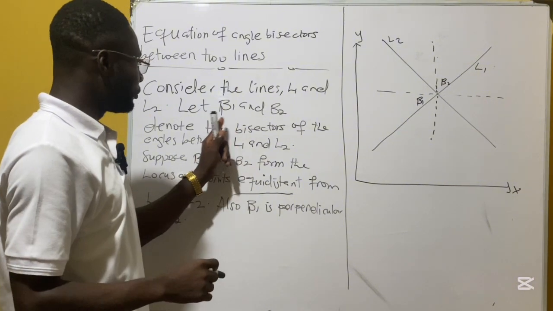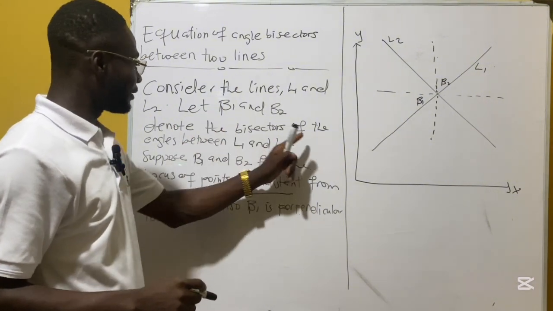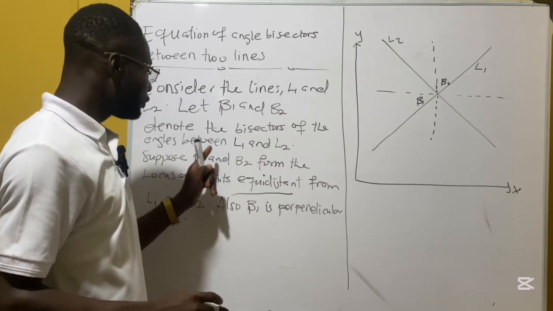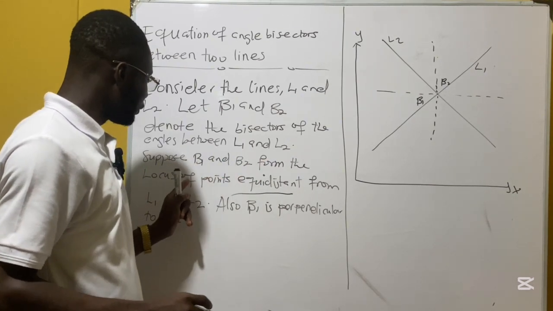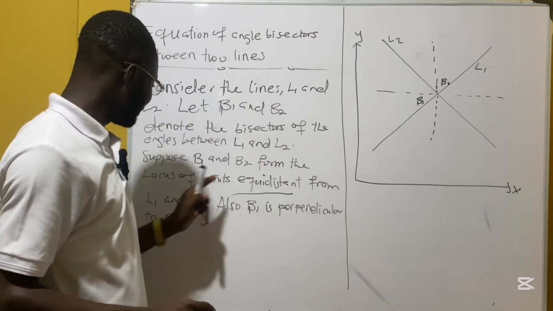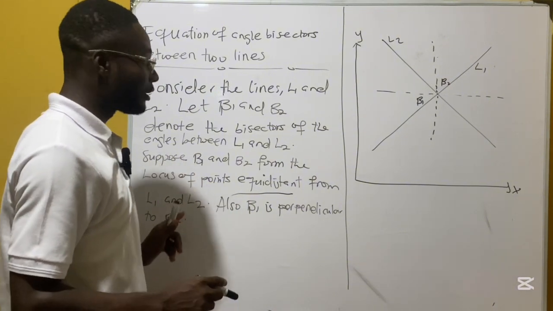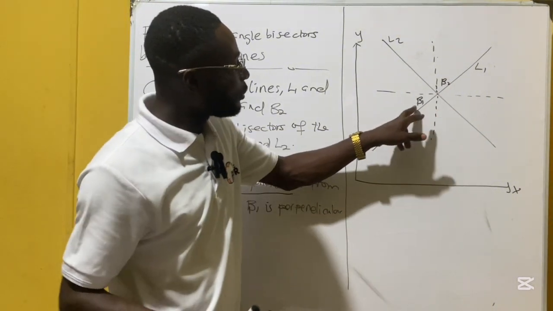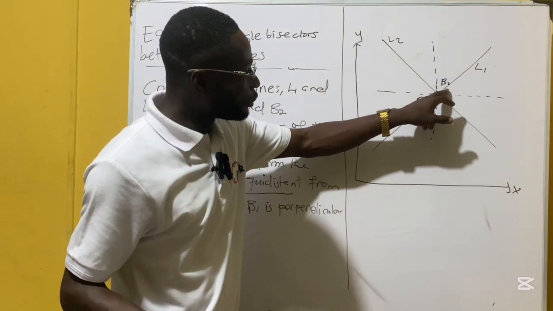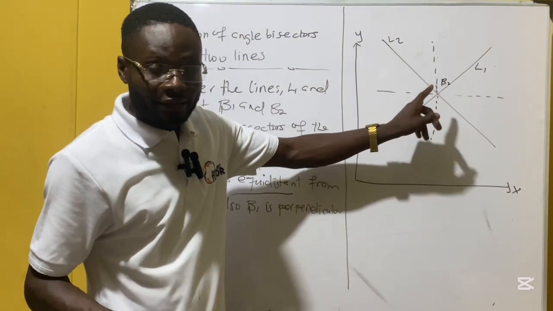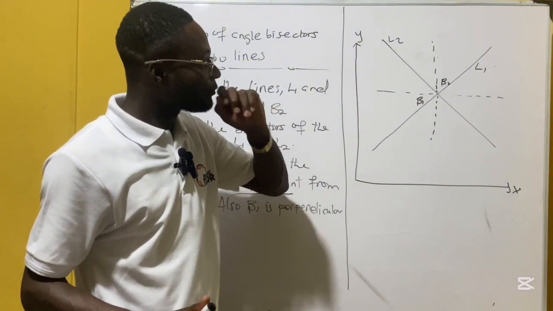Suppose B1 and B2 form the locus of points equidistant from L1 and L2, and also B1 is perpendicular to B2, meaning that they have an angle that is 90 degrees, right?